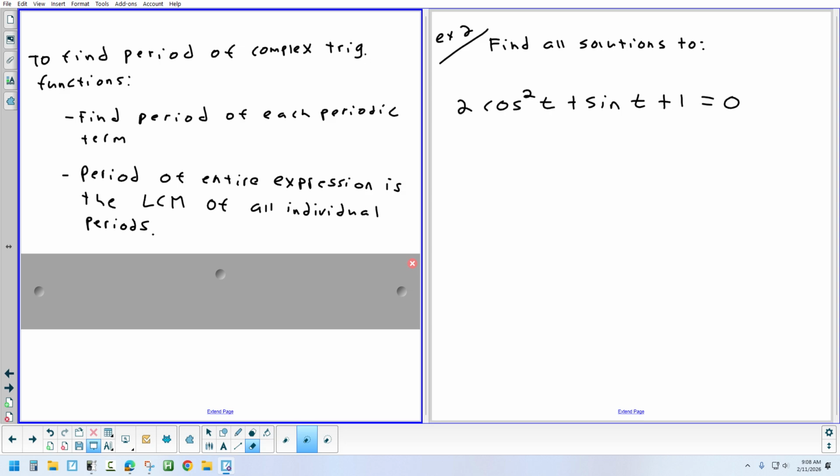Okay, least common multiple. So remember, the least common multiple is a number that everything basically divides into. So if I said, what's the least common multiple of 2 and 3? It'd be 6. Because 6 divided by 2 doesn't have a remainder. 6 divided by 3 also doesn't have a remainder. And 6 is a multiple of 2 and of 3.